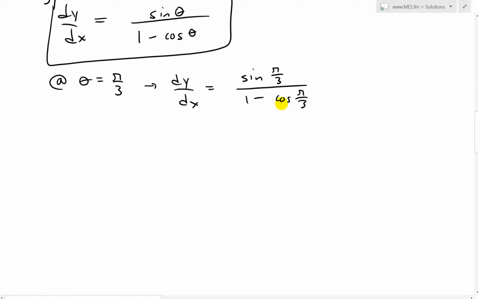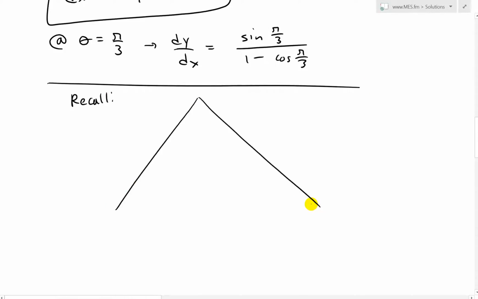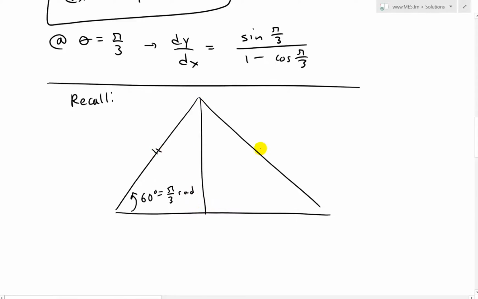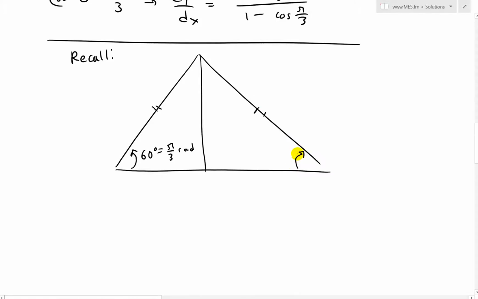And now to solve these, recall the exact trig ratios, and I'll put the link below in the video description. A quick way to memorize this is just draw an equilateral triangle where this is 60 degrees, which is just pi over 3 radians. Every single angle is 60 degrees, so this is also pi over 3.